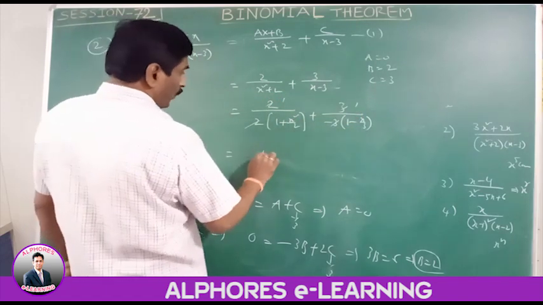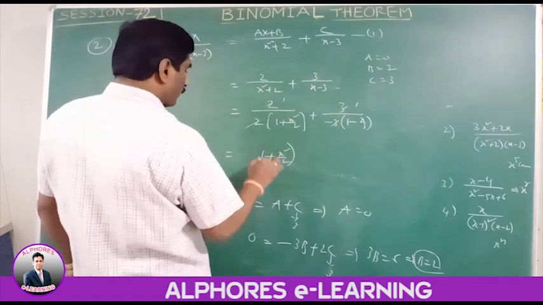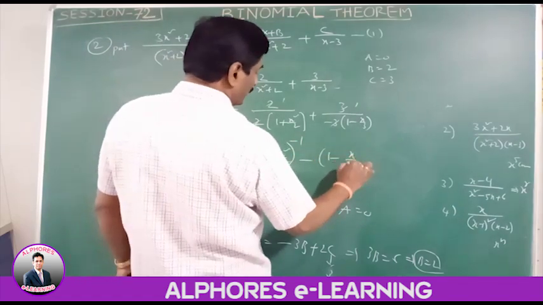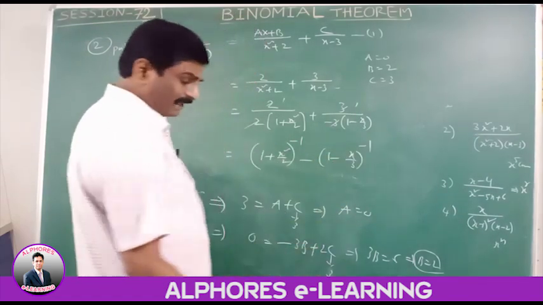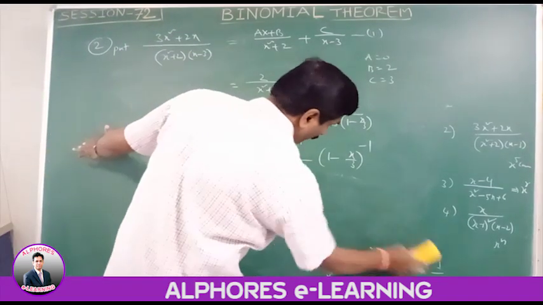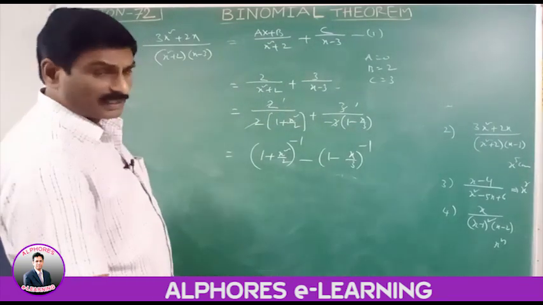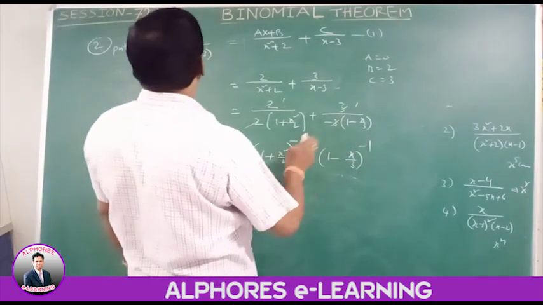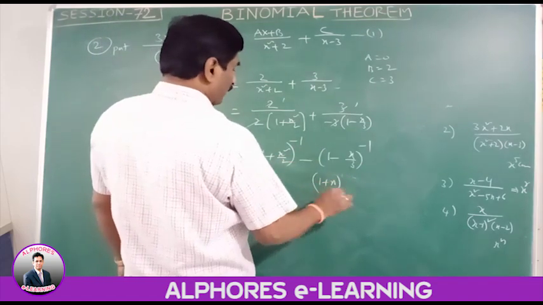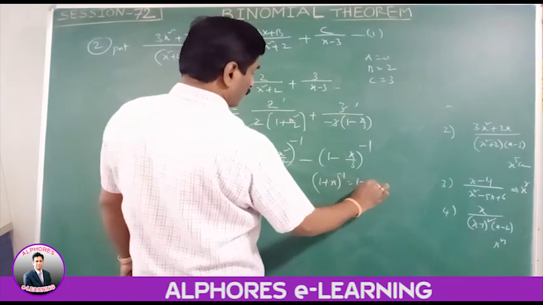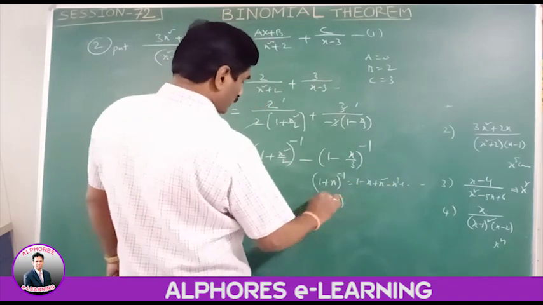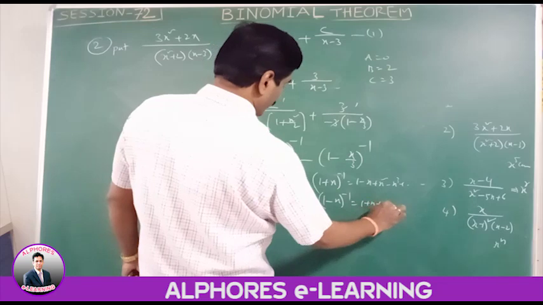That means (1 + x²/2)^(−1) − (1 − x/3)^(−1). Here these are in the form of (1 + x)^(−1) and (1 − x)^(−1). Again, (1 + x)^(−1) is nothing but 1 − x + x² − x³ and so on. Similarly, (1 − x)^(−1) is 1 + x + x² and so on.